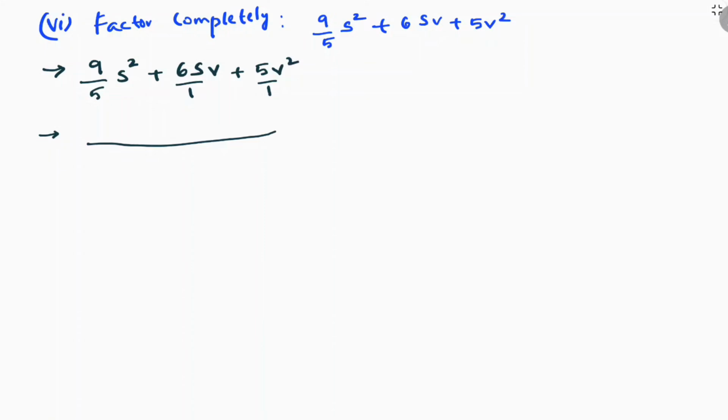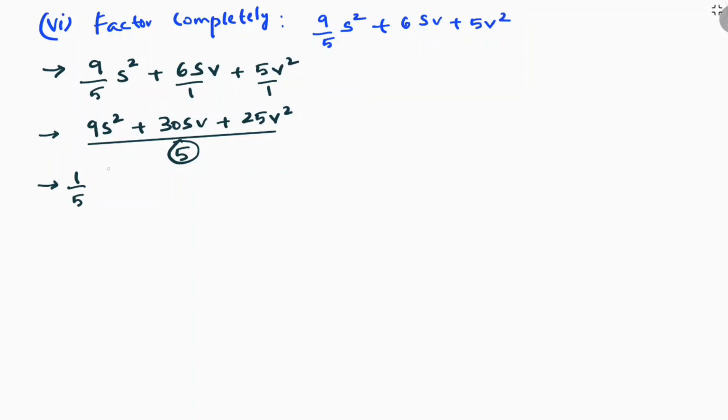So LCM will be 5. So 9s square remains as it is. If I multiply by 5, 6 times 5, 30sv plus 5 times 5, 25v square. So this denominator 5, I'll write as 1 by 5, and the remaining as it is, 9s square plus 30sv plus 25v square.